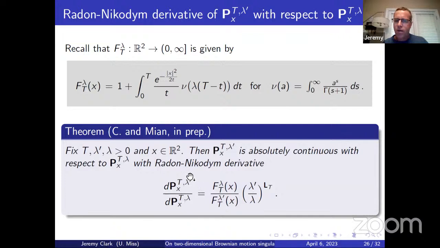And the Radon-Nikodym derivative is something that depends on the local time. So this is telling us that the local time has a fundamental role in defining these path measures.